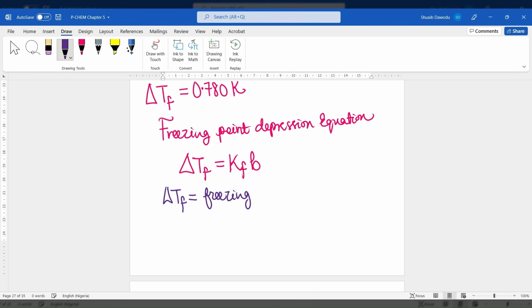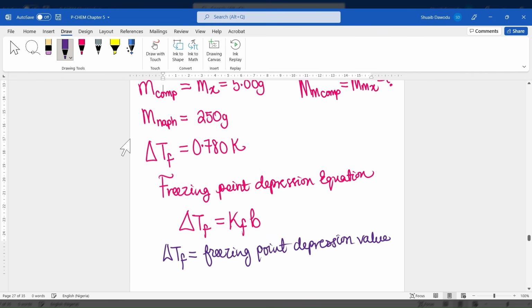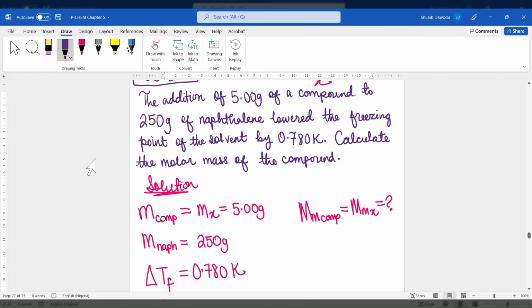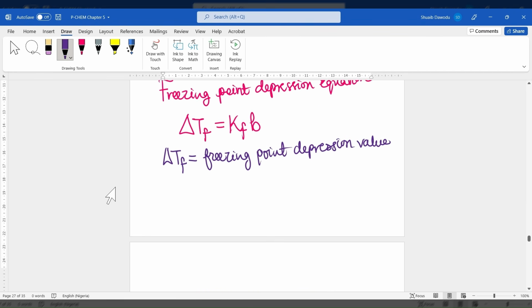So, it is by how much the temperature changes when the temperature gets lowered. The freezing point depression value, which we're given in this case to be 0.780, because of the lowering of the freezing point of the solvent after solute was added to it.